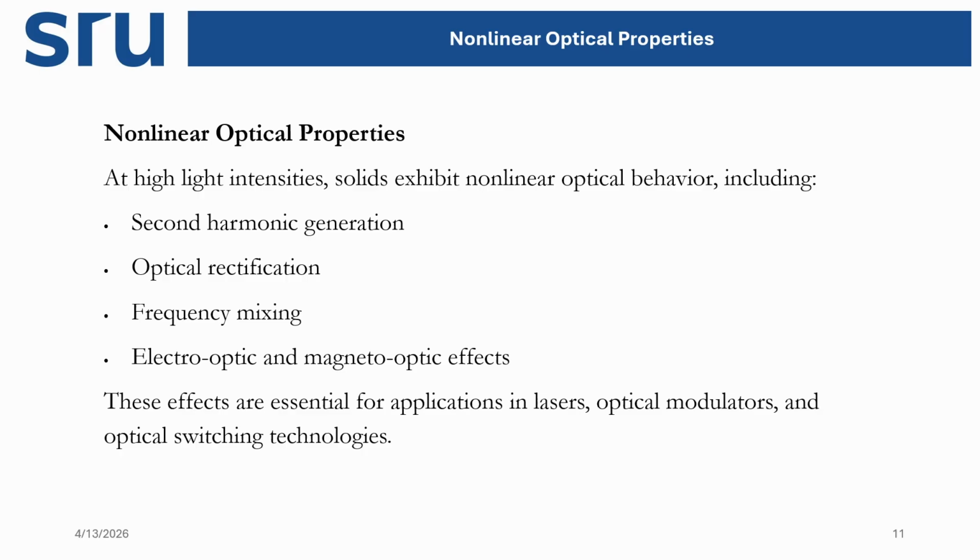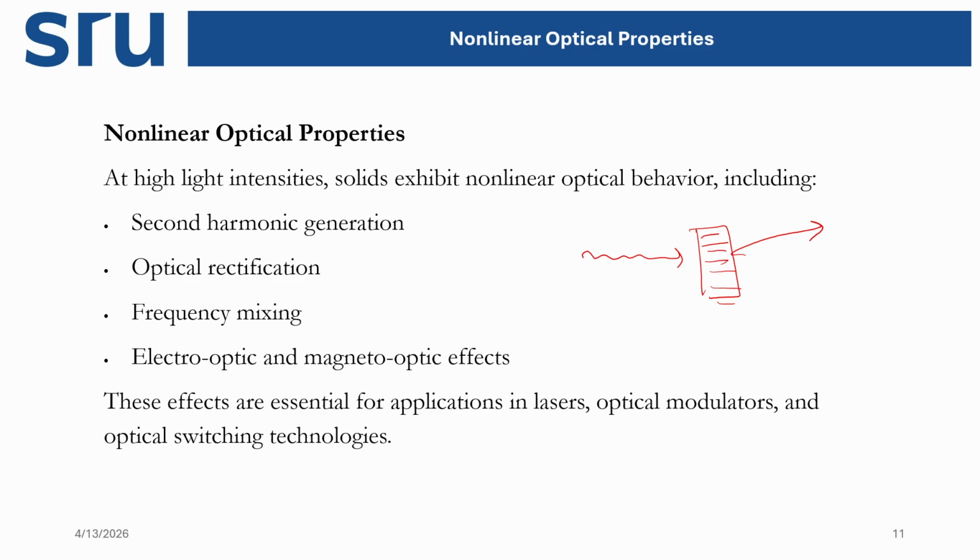Now, non-linear optical properties of the material. Let's say I have a light source, and that light is coming and interacting with the material. Now we are getting some material property. Let's say its color is changing, or it is glowing, or an electronic transition is happening in a perfect way.